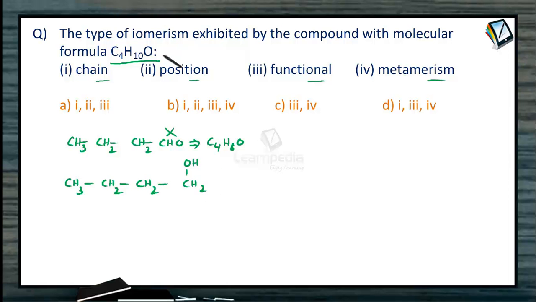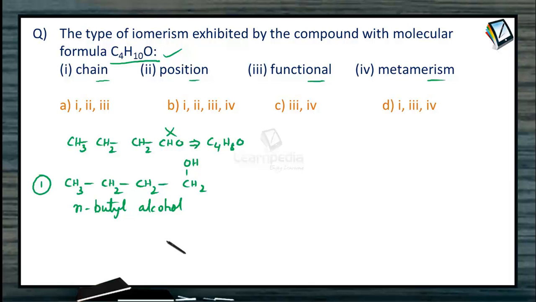So it is satisfying our formula C4H10O, so definitely that is an alcohol. This is one of the isomers possible here, where the OH group is on the first carbon, and the name of this compound is n-butyl alcohol. This is the common name.